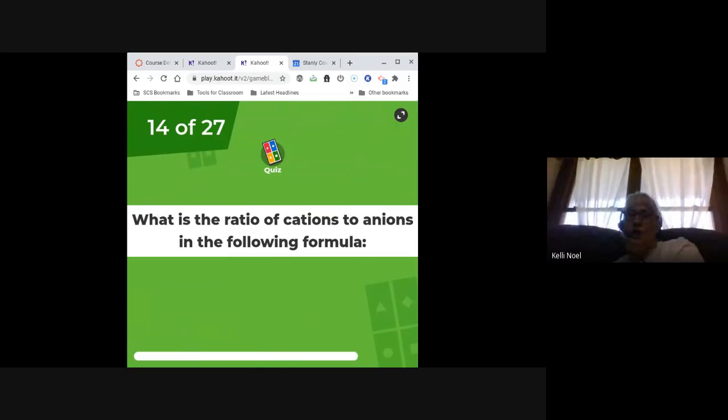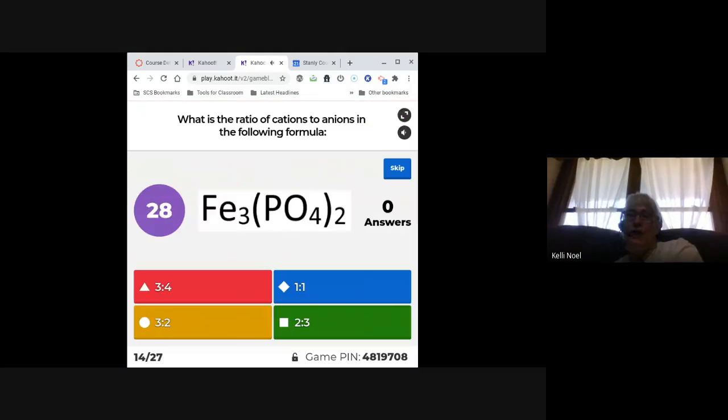What is the ratio of cations to anions in the following? You're going to have to look at your subscripts, these little subscripts.